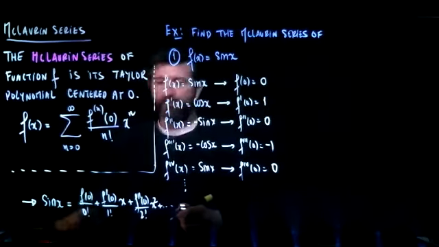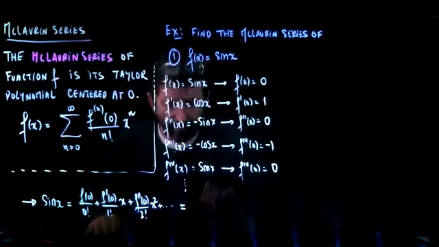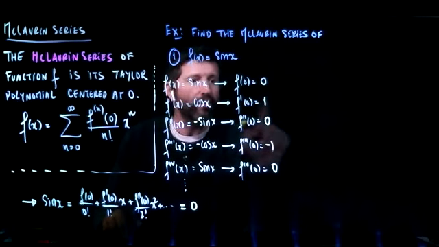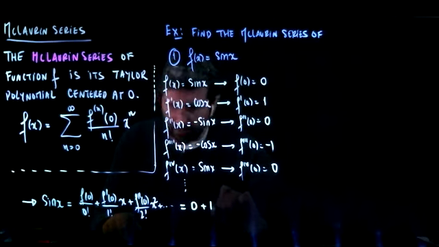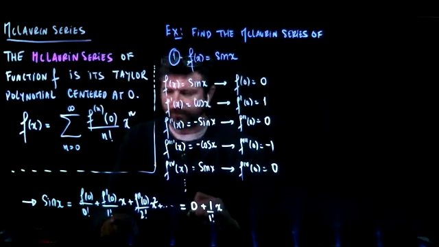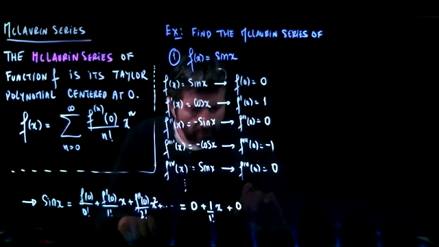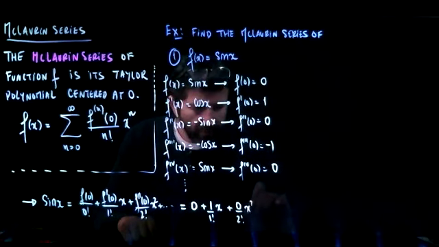So let's go. f of 0 is 0. So my first term is 0. Second term, f prime, so it's 1. So plus 1 over 1 factorial times x. Then plus f prime prime of 0, 0, over 2 factorial times x squared.